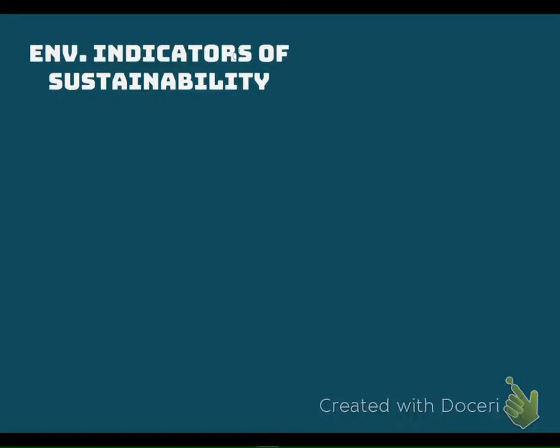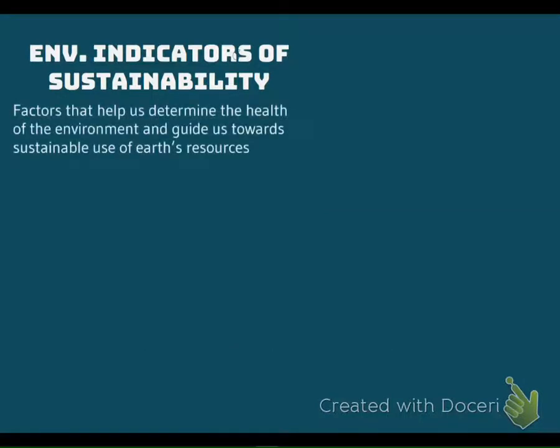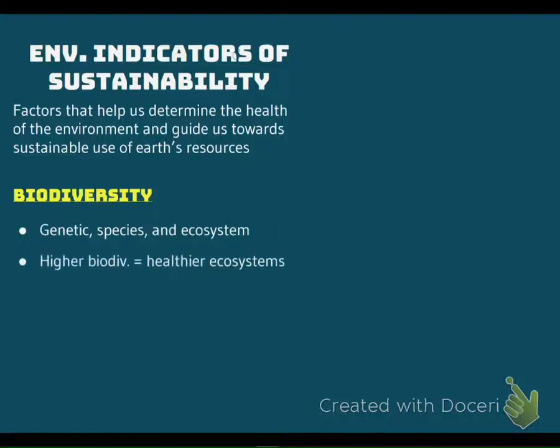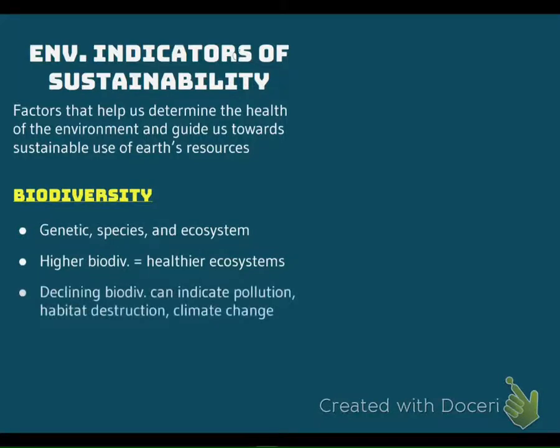Okay, environmental indicators of sustainability: factors that help us determine the health of the environment and make sure that the Earth continues to survive. Such as biodiversity, making sure that the genetics, species number, and ecosystem diversity stay high. The higher the biodiversity, the healthier the ecosystems.